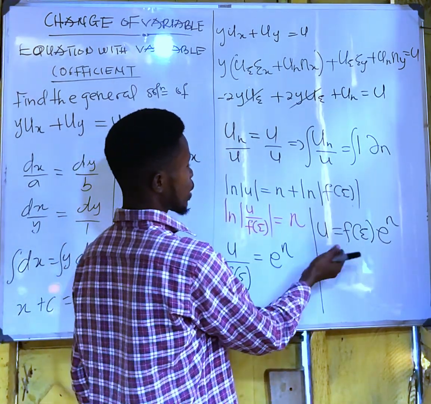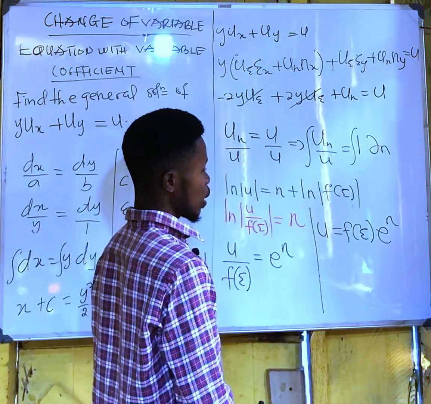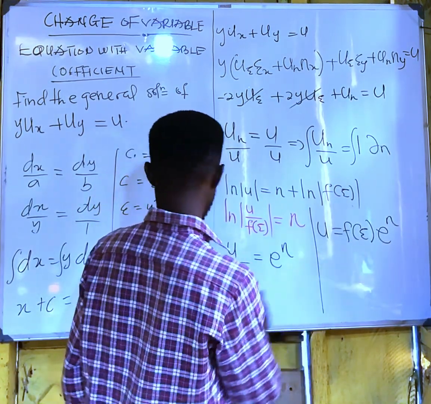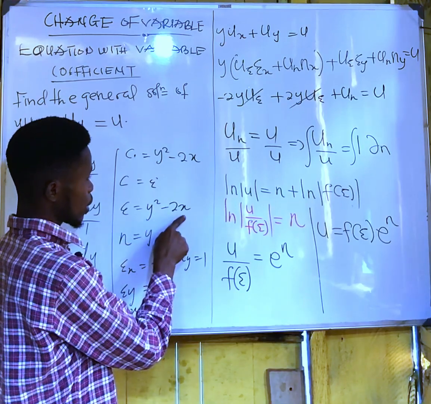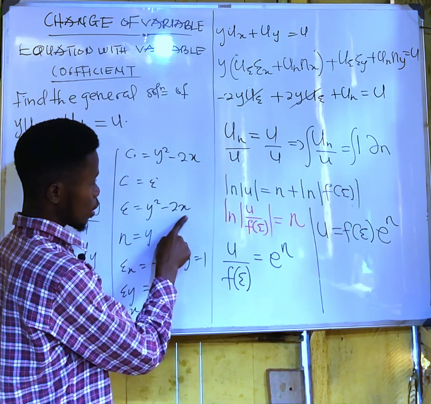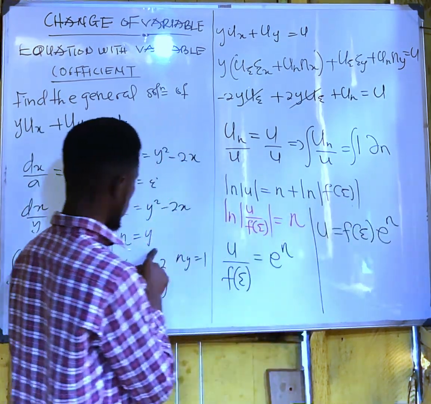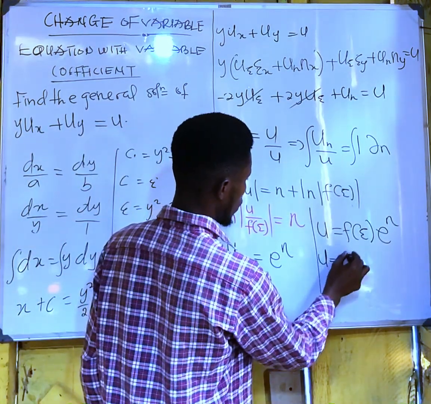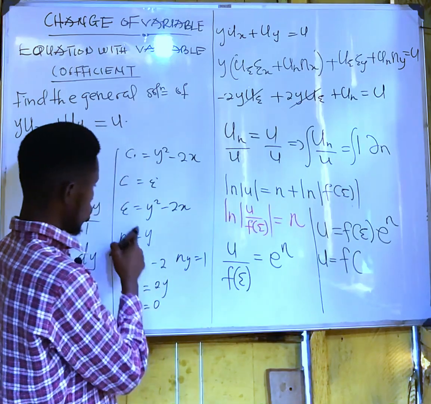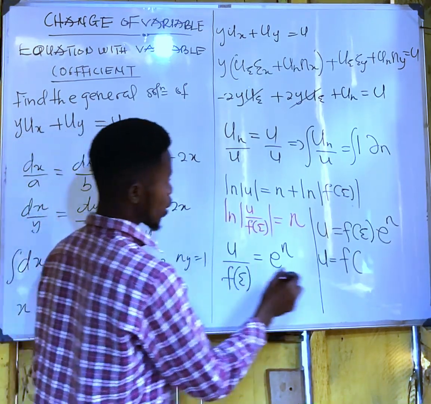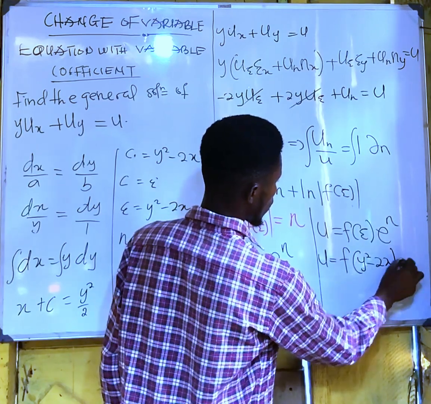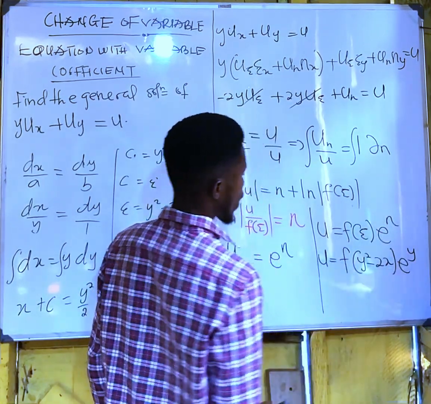Now after getting this, we need to replace this ξ with this and the η with the y. So ξ was y squared minus 2x. η was what? y.